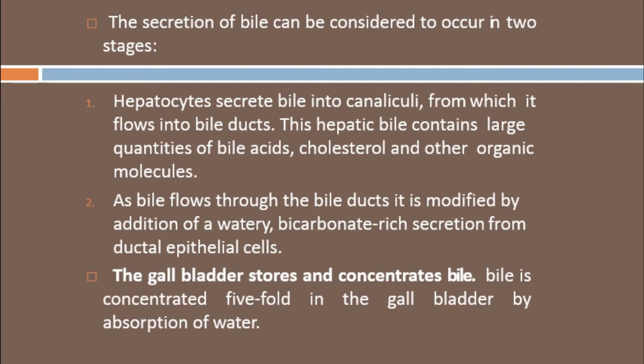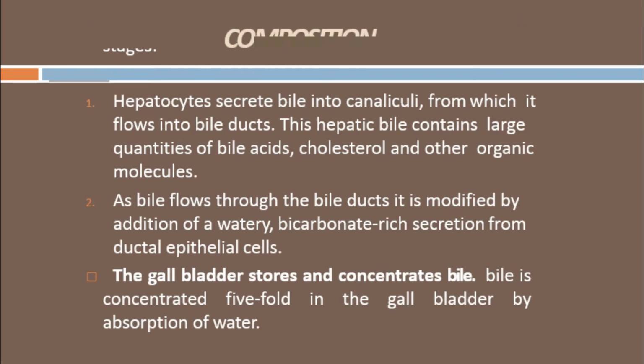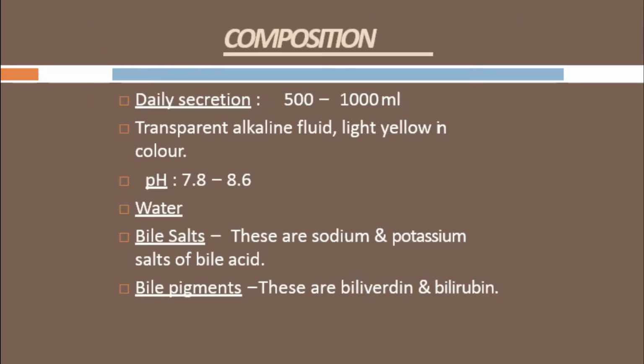So what are the main contents, and what is the main composition of the bile basically? Every day around 500 to 1000 milliliters of bile are secreted, and we have already discussed their color. They can be transparent to light yellow in color. They have a pH of 7.8 to 8.6. The major content is water.